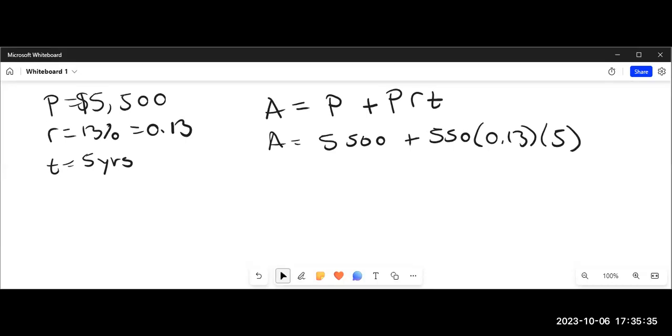Multiplication happens before addition. Missed a zero here. There we go, that looks better. So this is $3,575 in addition to the $5,500.